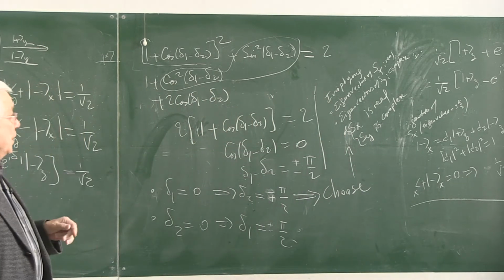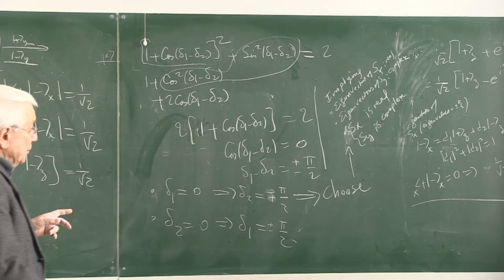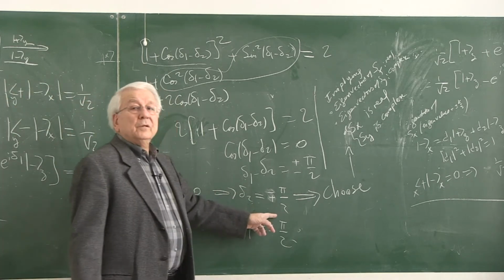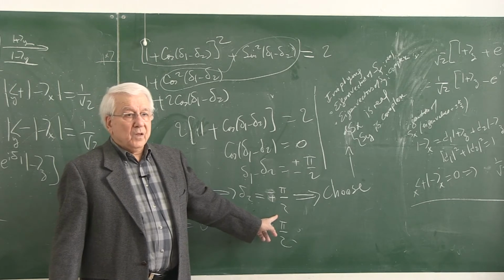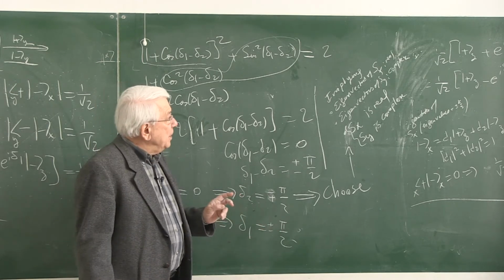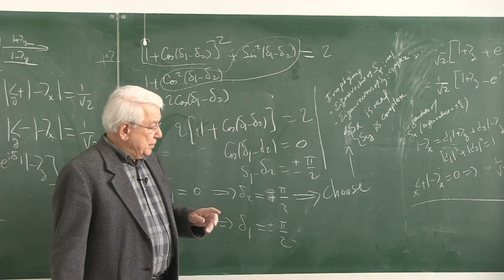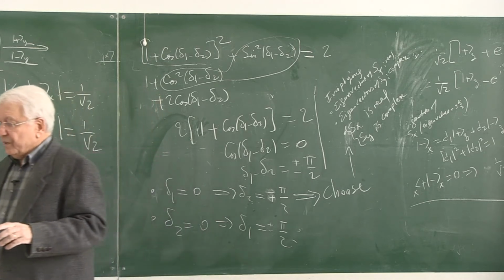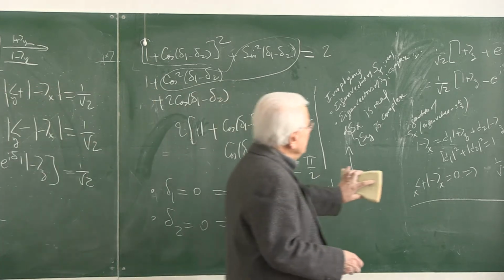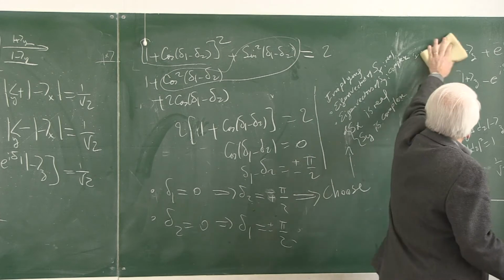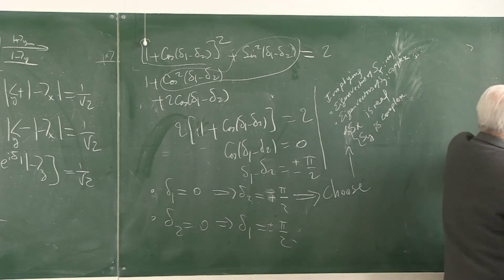But those careful eyes may ask, how about this other ambiguity? Pi over 2 or minus pi over 2? At this stage, we cannot say much. We have to wait until we proceed further to identify the angular momentum as the generator of rotations.